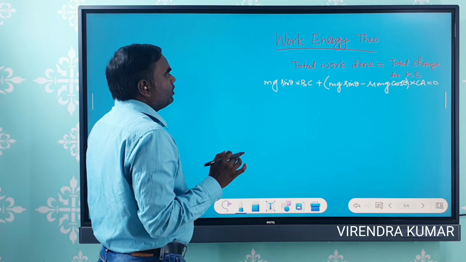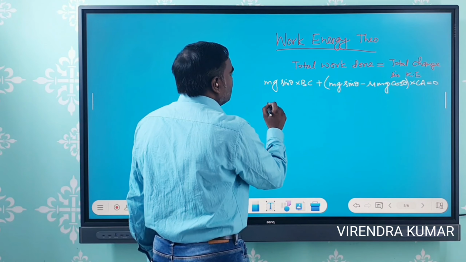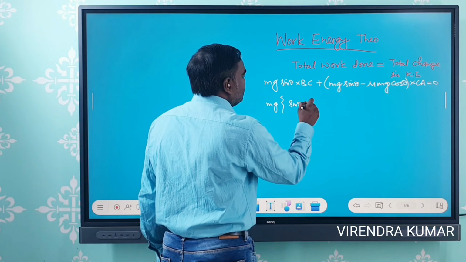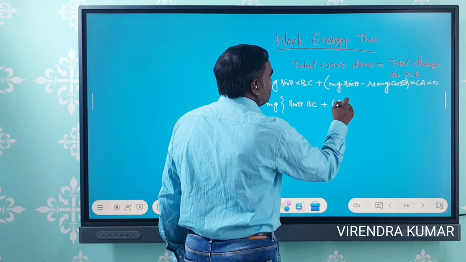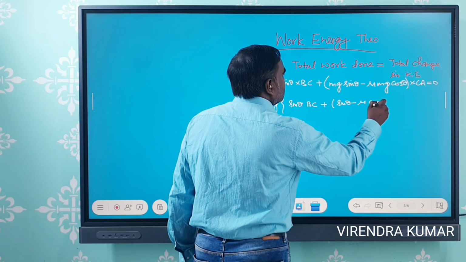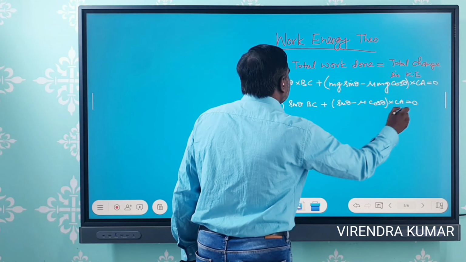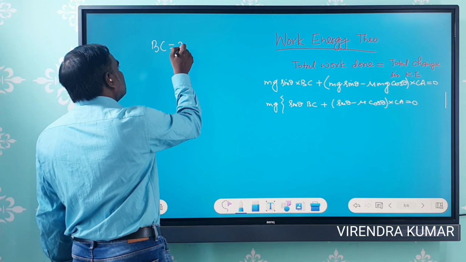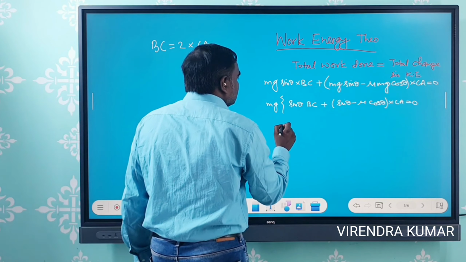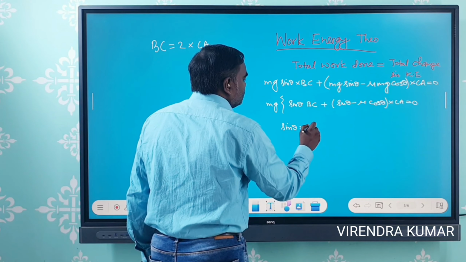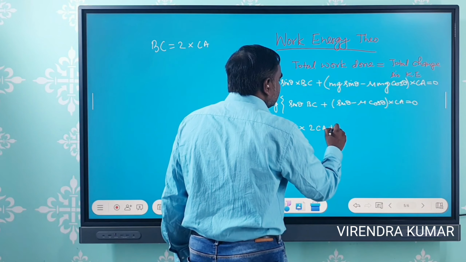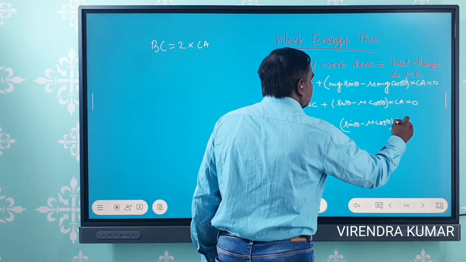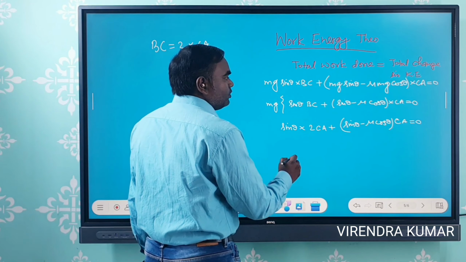Now mg is common, so sin theta BC plus sin theta minus mu cos theta into CA is equal to 0. Now it is given that BC is equal to 2 times CA. So put that value: sin theta into 2CA plus sin theta minus mu cos theta into CA equals 0.